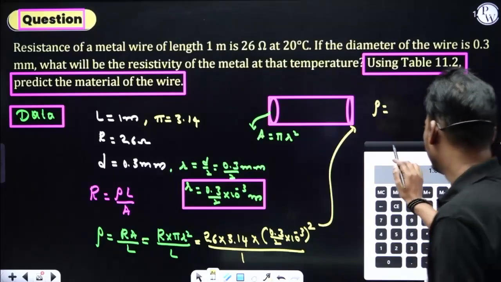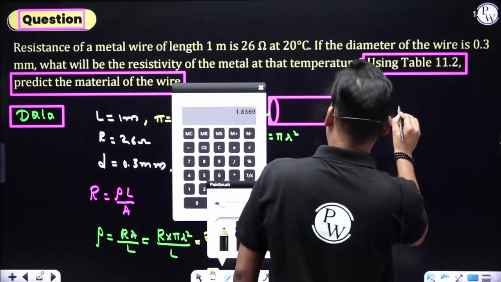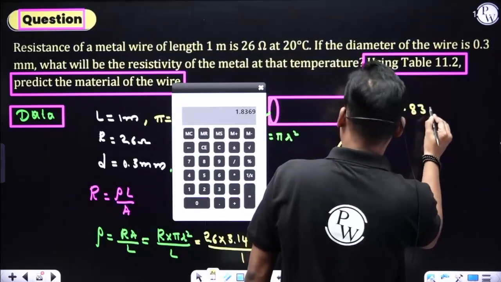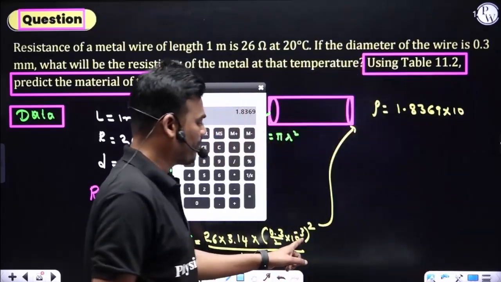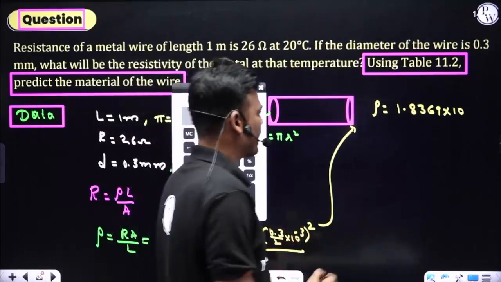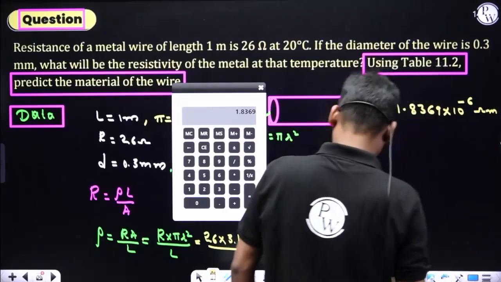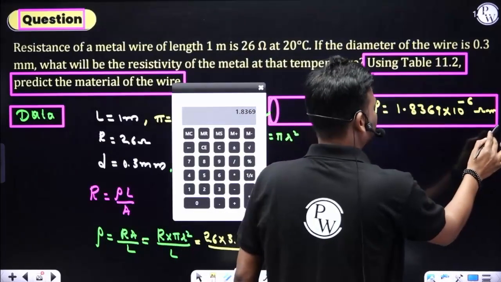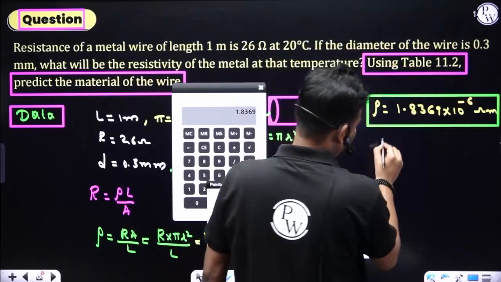This is the value of resistivity: 1.8369 into 10 power minus 3 squared, that means 10 power minus 6, ohm meter. So this is the final answer.